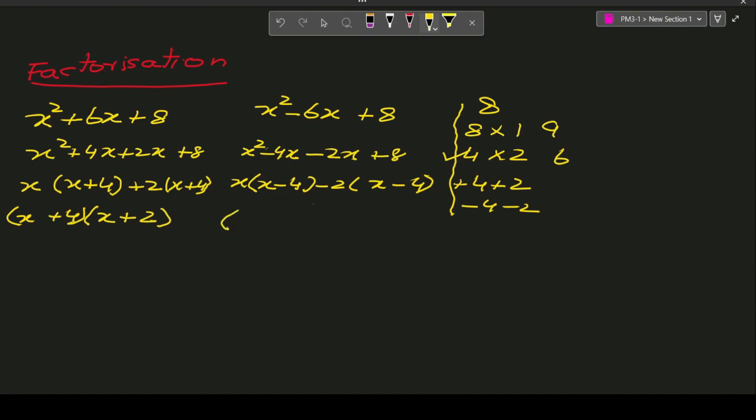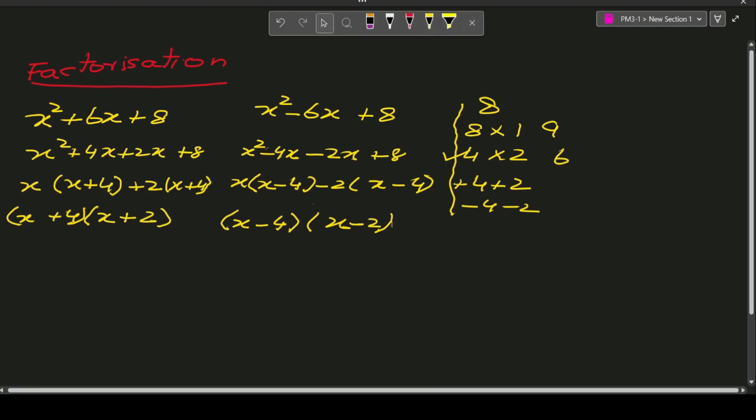And here, x minus 4 into x minus 2. So you see here the coefficient of x was plus, so you got both plus over here. Here it was minus, so both of the constants in the factors are also minus.